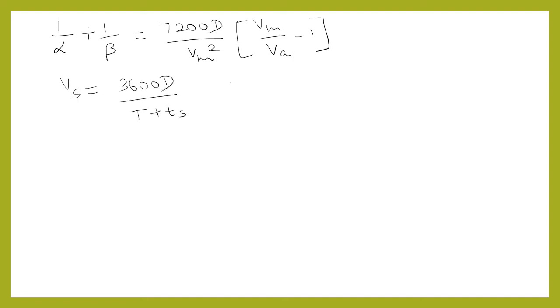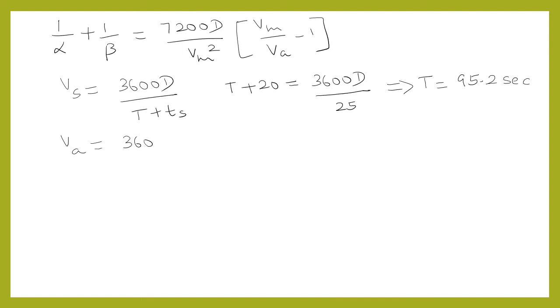So we get t plus 20 equal to 3600 d by 25, which gives us the value of t as 95.2 seconds.